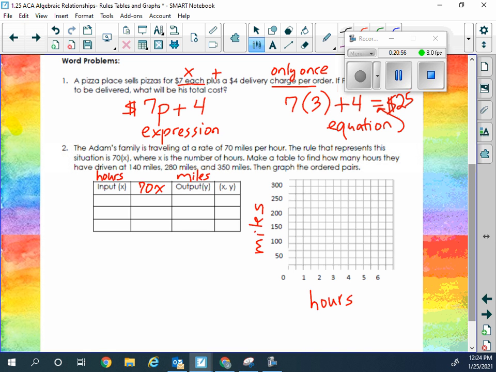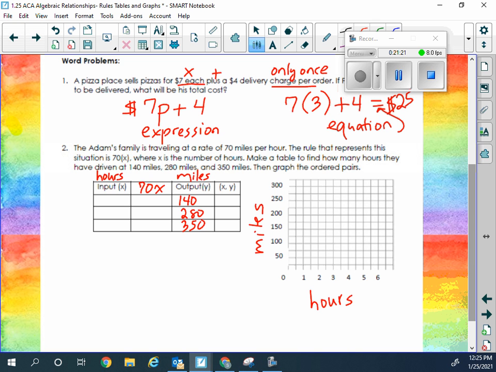What else can I fill in? You can fill in the output. I can fill in 140, 280, and 350. Where do those go? Come on, guys. Over here, because those are the miles. So I can put 140, 280, and 350.